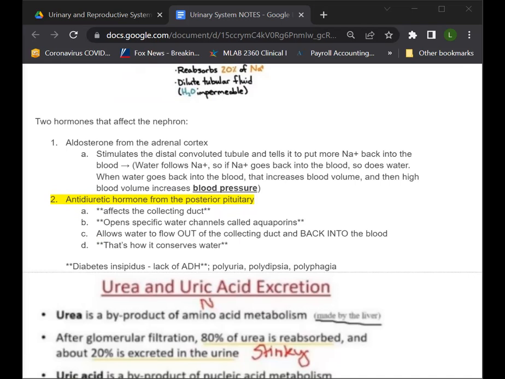Aldosterone is actually going to stimulate the distal convoluted tubule, and it's going to tell the distal convoluted tubule to put more sodium back into the bloodstream. And we need to know that if more sodium goes back into the blood, then so will water. Water always follows sodium.